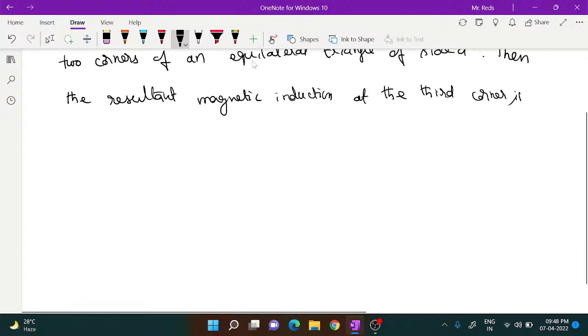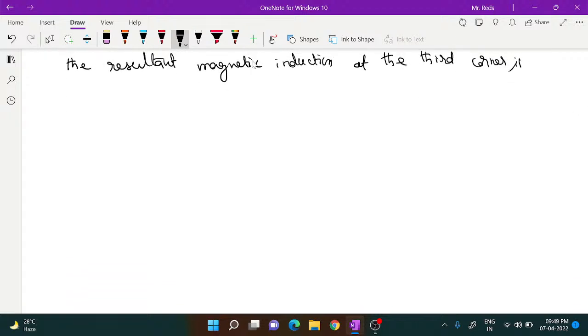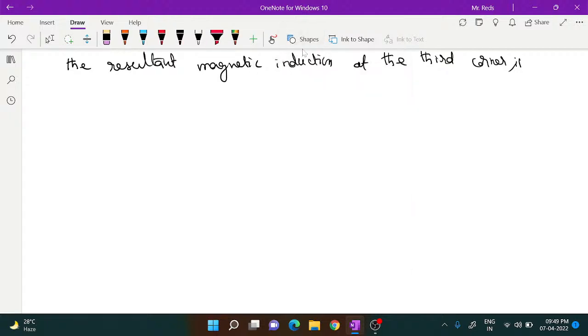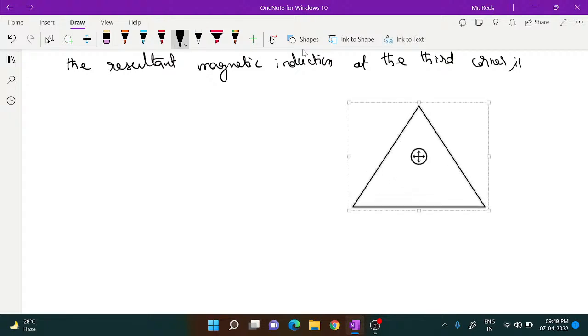So we have to consider the pictorial representation like this. So there is an equilateral triangle, right? Okay. So it is given that there are two like poles of magnetic strength m.